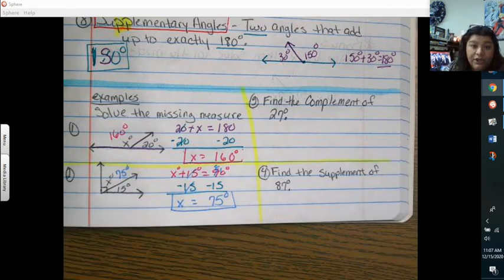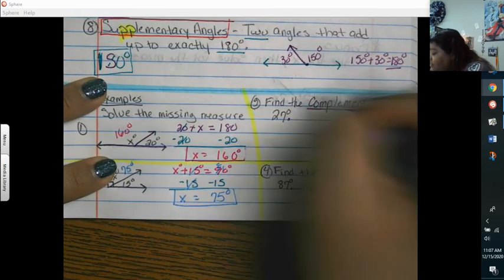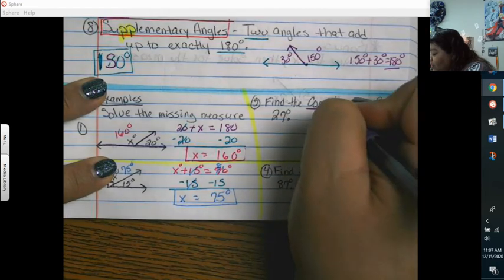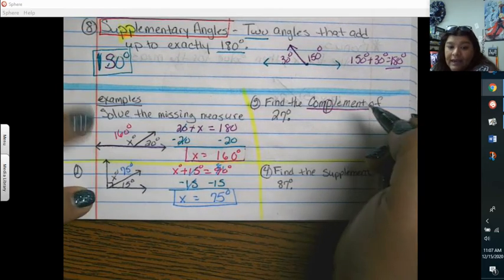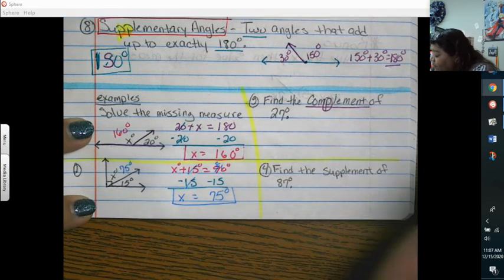I don't give you a picture, so you have to know what the word means. So here it says find the complement of 27. Complement. You can use the C that tells me 90 or the single P tells me 90, but you need to know that complement is 90 degrees. So find the complement.